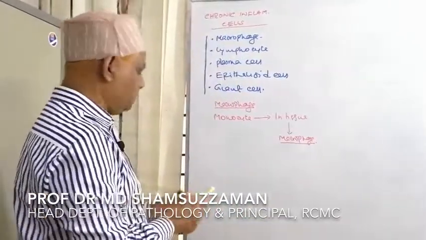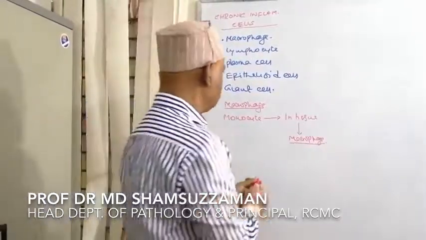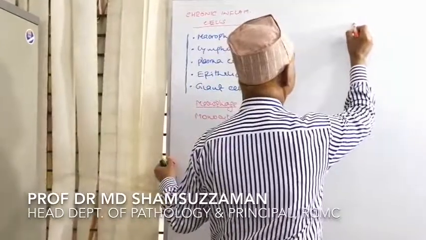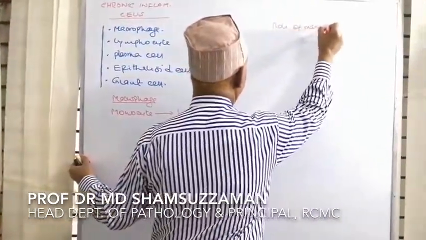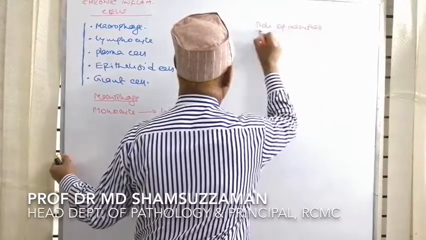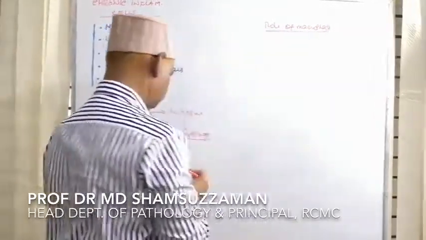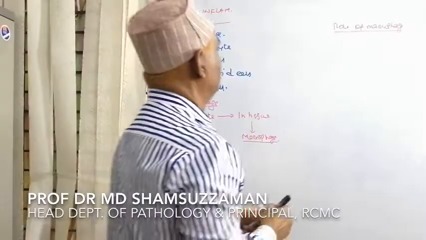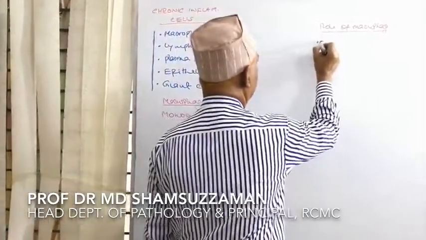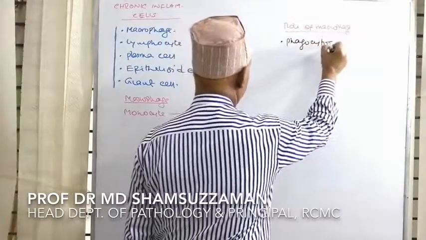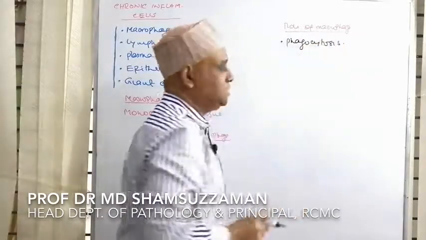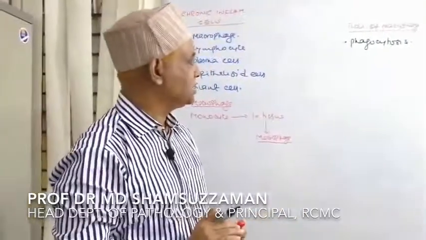What is the role of macrophage? Role of macrophage: phagocytosis. So this is the important phagocytic cell.